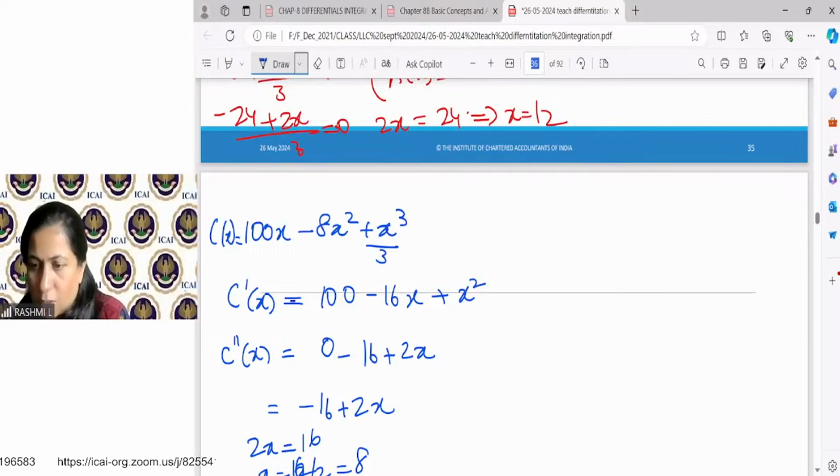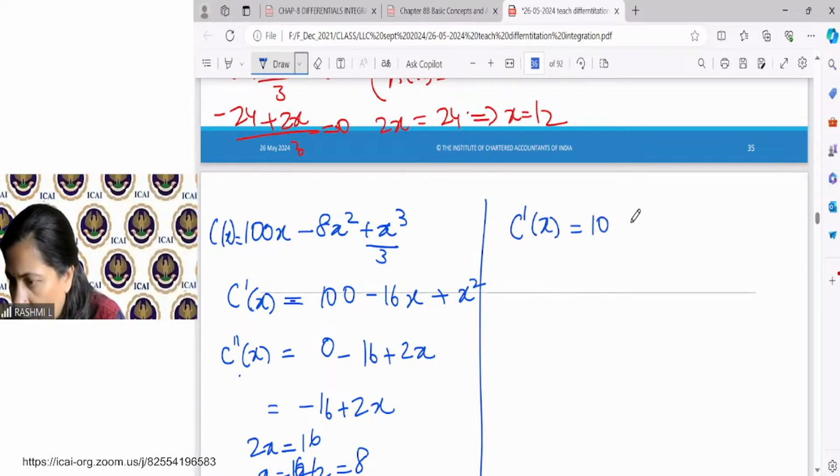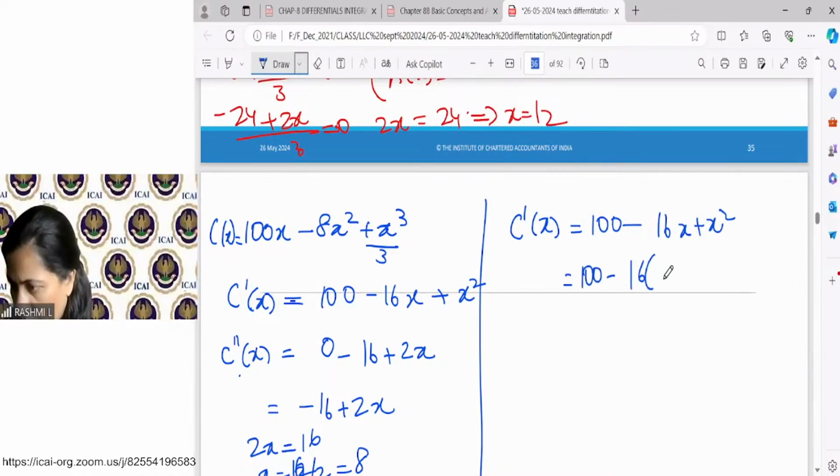So I found the first derivative, I found the second derivative, and equating to 0, I am getting x is equal to 8. Now I have to put it in C dash x. Substituting in C dash x, which is equal to 100 minus 16x plus x square. So I will write 100 minus 16 into 8 plus 8 square.